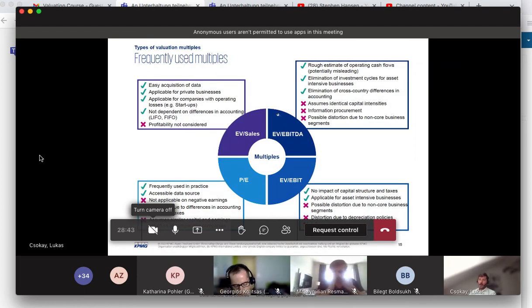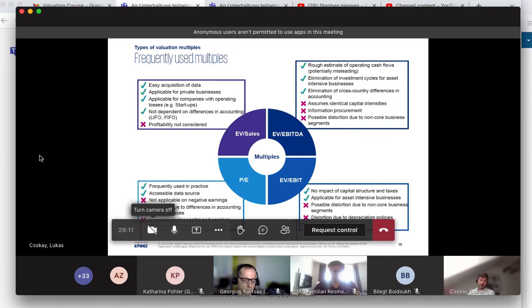And for example, PE is also often used in practice, but in the PE multiple, you have sometimes quite high distortions due to accounting policies and taxes. For example, regarding accounting policy issues, sales figures are not that easy to manipulate.